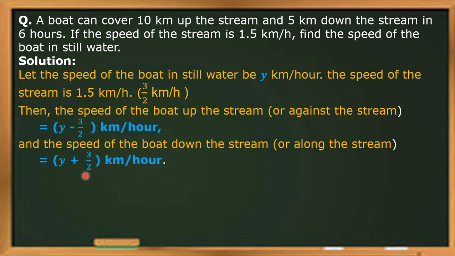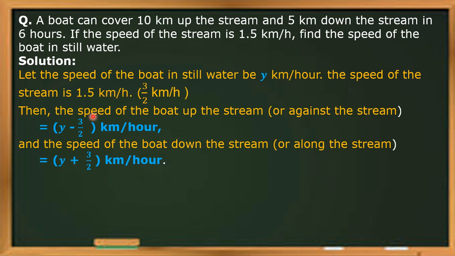Now the concept is that the total time taken by the boat in upstream and downstream is 6 hours. So we have to find the two times, upstream and downstream. As we know, time is equal to distance upon speed, so we use this formula.